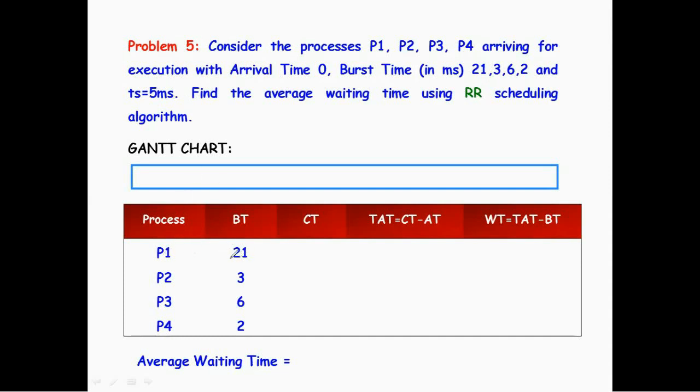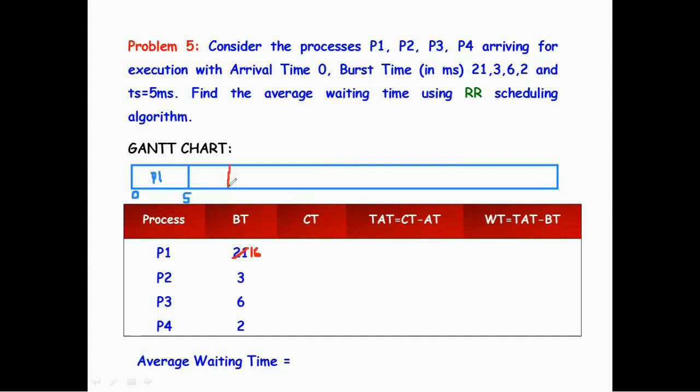Already P1 has executed for 5 milliseconds. So 21 minus 5 will be 16. Still P1 needs 16 milliseconds for execution.